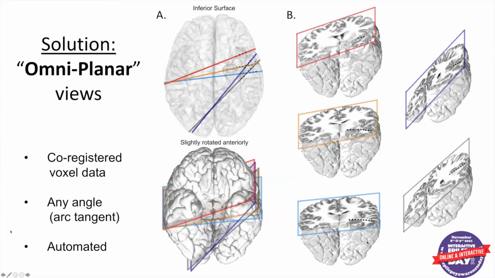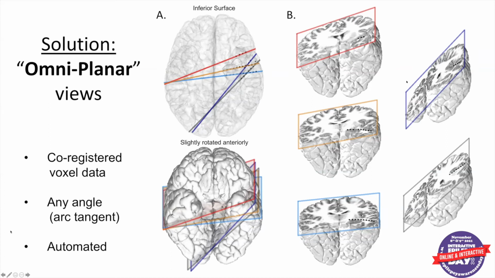So this is the part that we refer to as the omniplanar. Omni just means all or every, and planar is plane. So omniplanar, or any kind of plane, no matter where the electrodes are going through the brain, we create a slice across the brain that's parallel to it, that allows us to see the patient's specific anatomy that's right around those electrodes.